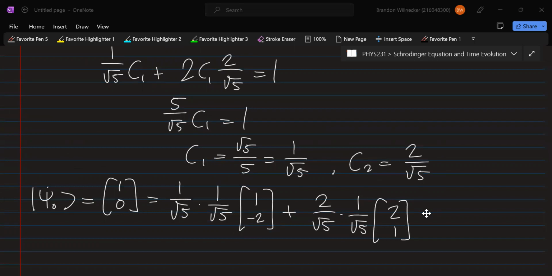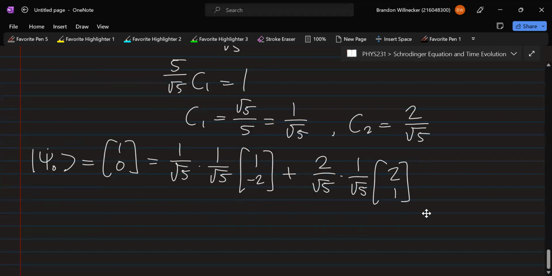This is similar to what we had before, working with vectors like this. But instead of that, I'm going to replace this 1 over root 5, (1, -2) with the first state vector, and I'm going to replace this 1 over root 5, (2, 1) with the second state vector.